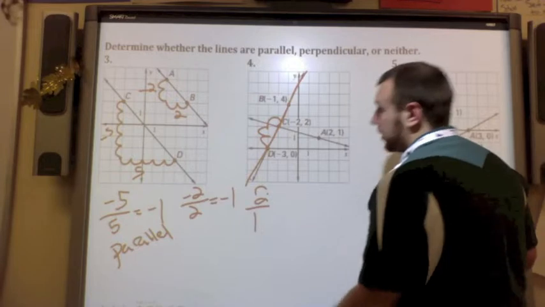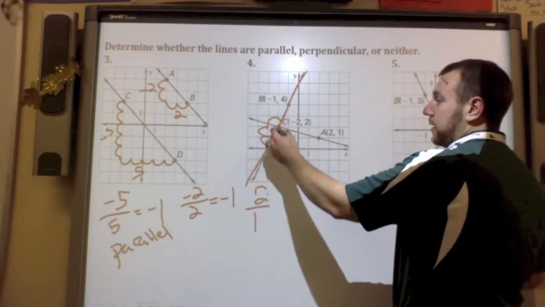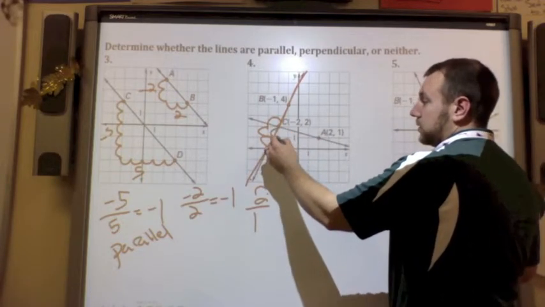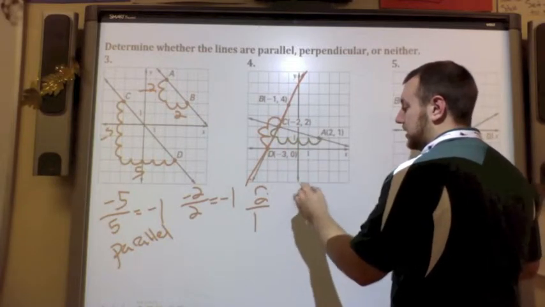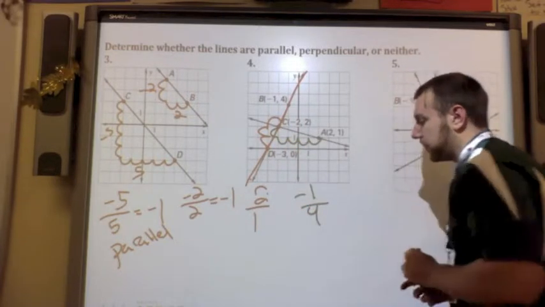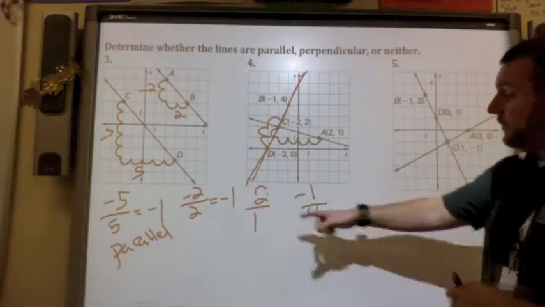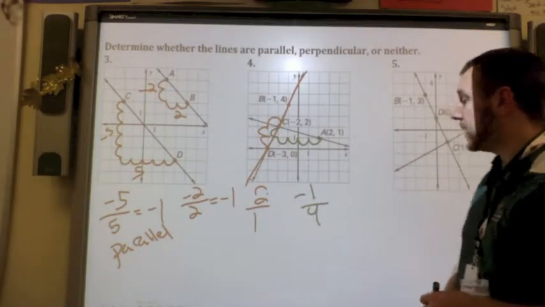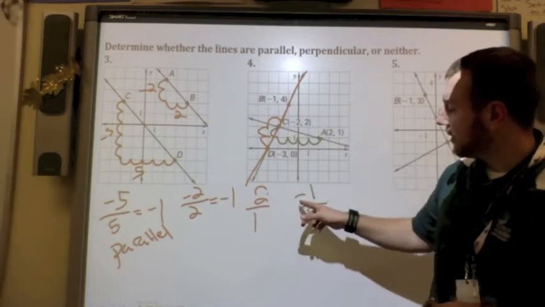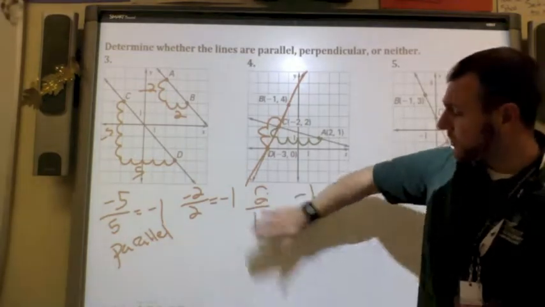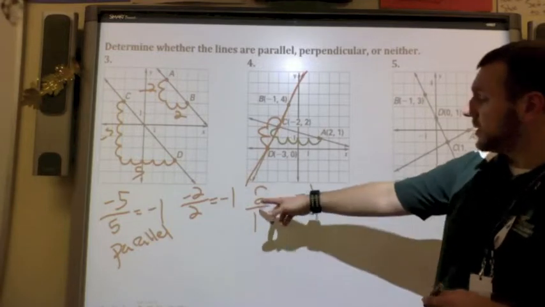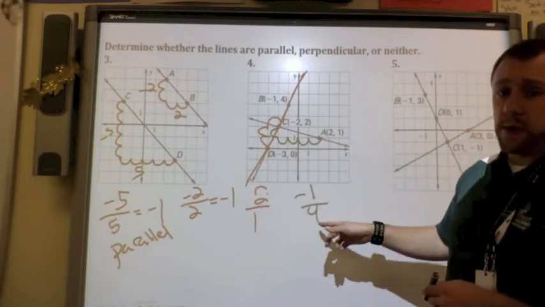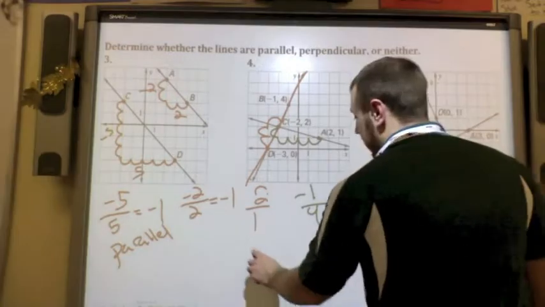Now I'm going to do the other line, C to A. Down 1 over 4. Well, they're definitely not the same, and they're opposites of each other. This one's positive, this one's negative, but they're not reciprocals of each other, because this is 2 and that's a 4. So this is the neither category.